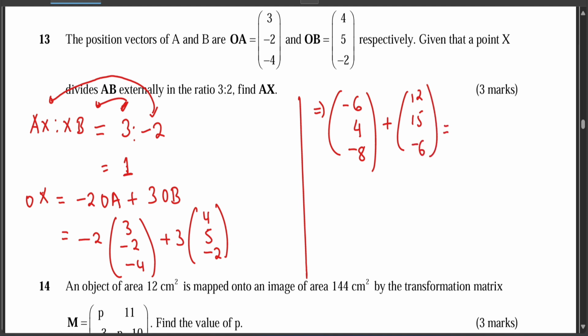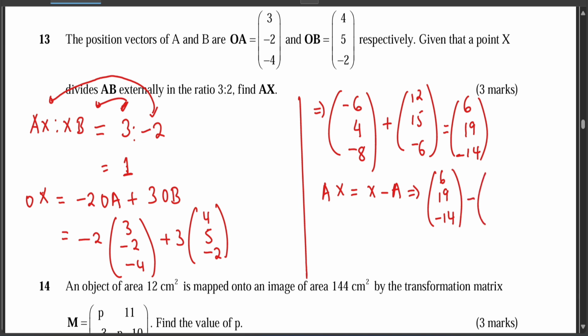Now if you add them up, negative 6 plus 12 gives you 6. 15 plus 4 gives you 19, and minus 8 minus 6 gives us minus 14. But that's not your final answer. Umeambiwa find X, and X is equal to X minus A. So X yako tayari tushapata 6, 19, negative 14, minus your A, which is OA, which is 3, negative 2, and negative 4.